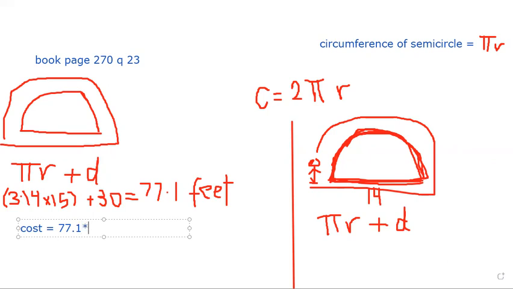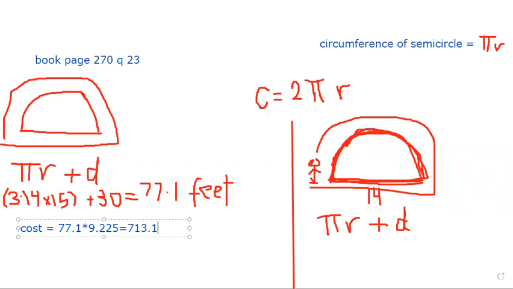So we have to multiply 77.1 times 9.25. So the answer. Wait. Okay, I'm doing it.